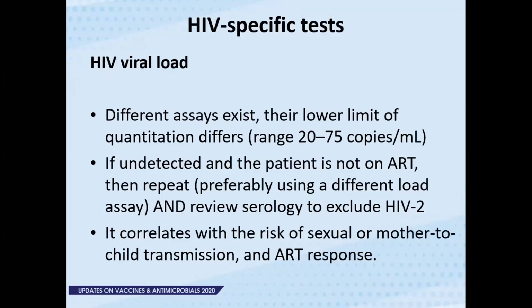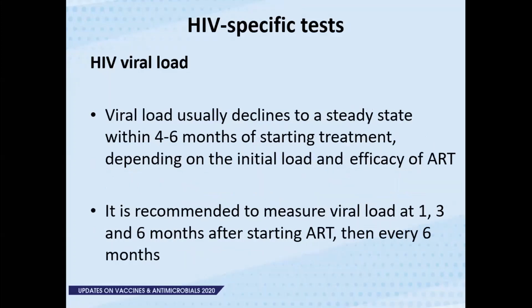If your patient is HIV positive and has a low CD4 count, but you are unable to detect the viral load, the first thing to do is to repeat it using a different assay with a more sensitive detection rate, and to do the serology again to rule out that this patient might be an HIV-2 patient. So the viral load is important.